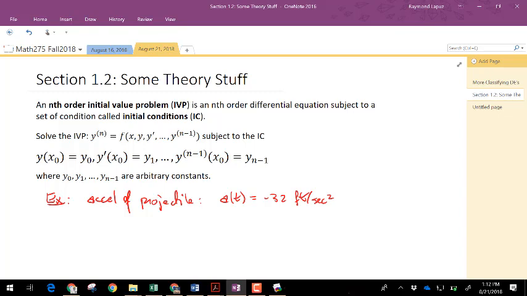Let's say you throw it at an initial speed of, I don't know, 10 feet per second. And then the initial position, let's say you're up on a building 20 feet high.